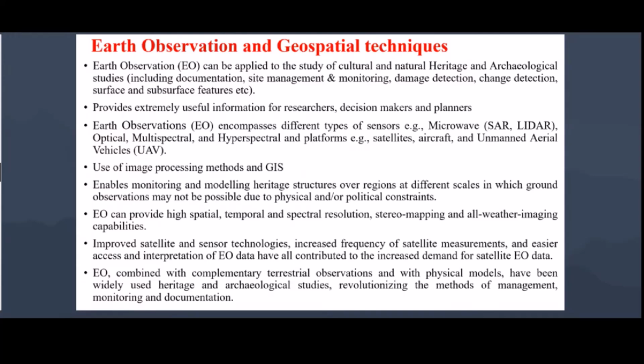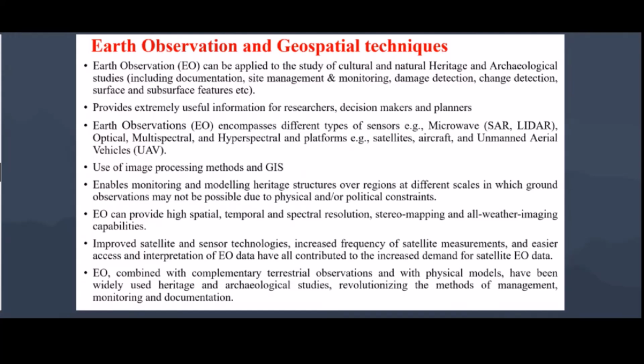Information extraction is augmented and aided by the use of image processing methods, and then it can be incorporated into an information system like the GIS. So we could call it a heritage information system.